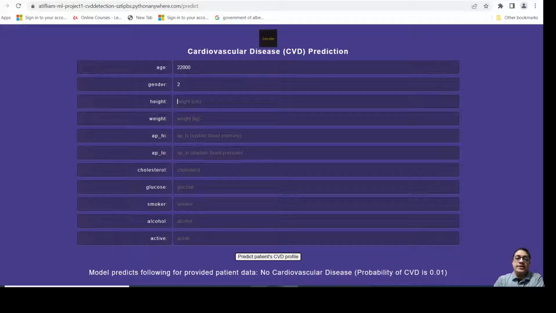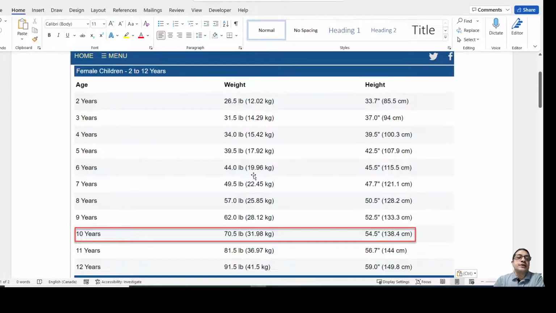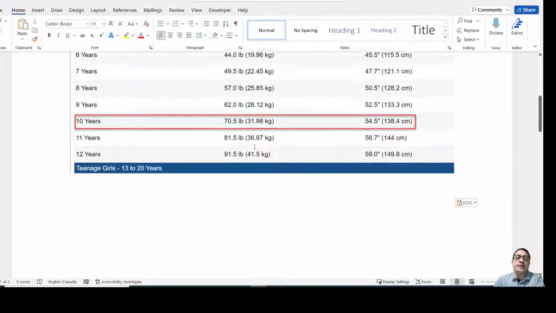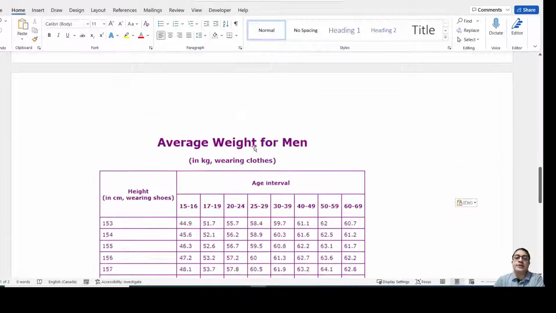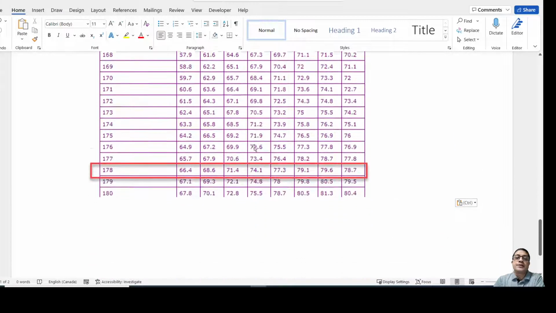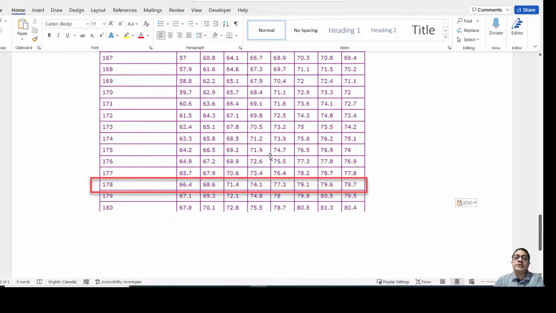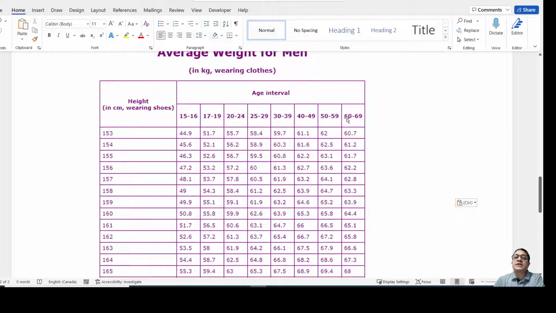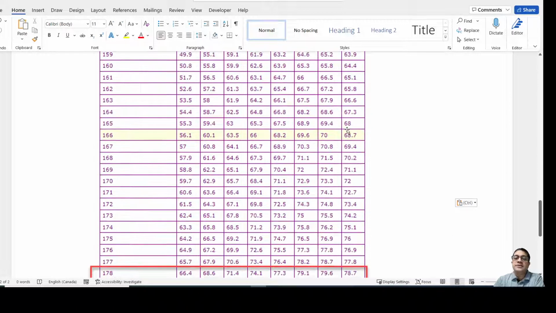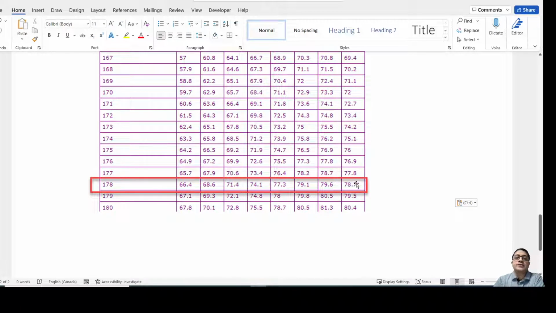Now I do have the average height and weight for North American male, 60-year-old male. So I'm just going to have to bring it up here. Okay, so for height, we are looking at about 178 centimeters. And for weight, because I selected this range, 60 years of age, we are looking at about 79.